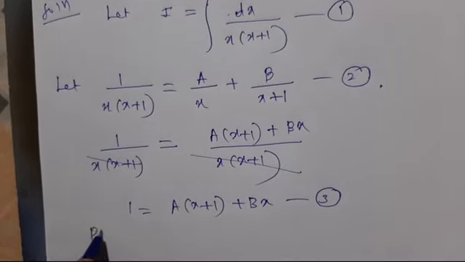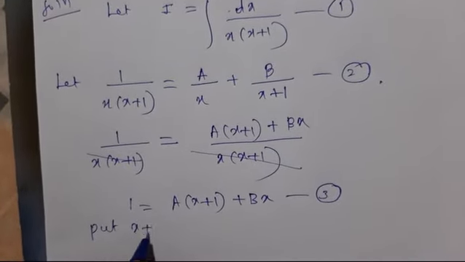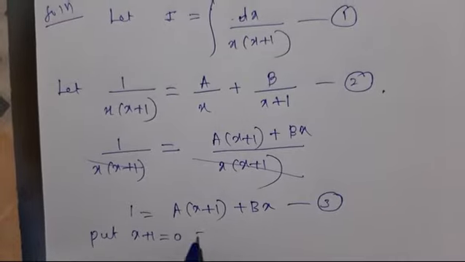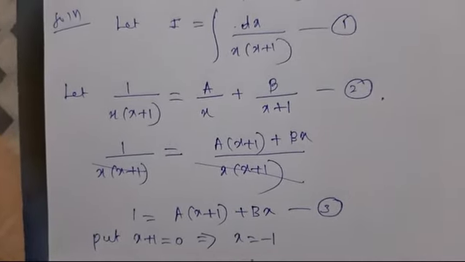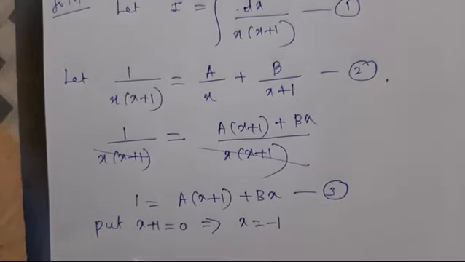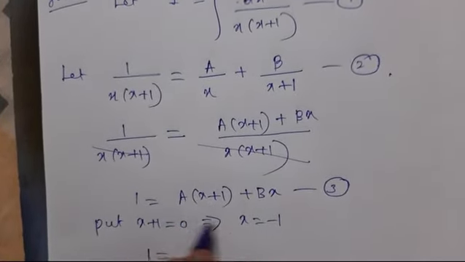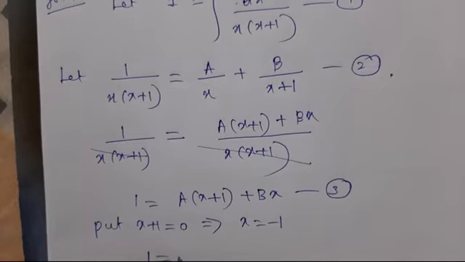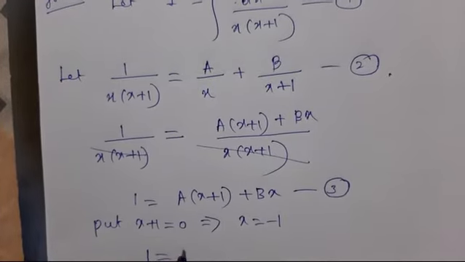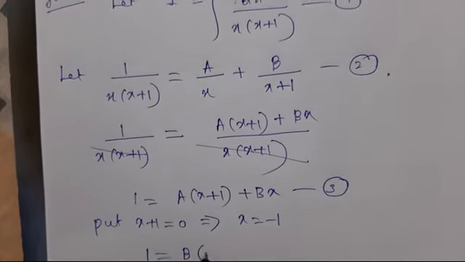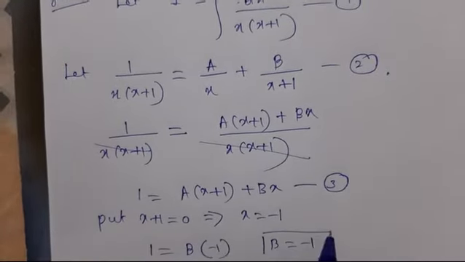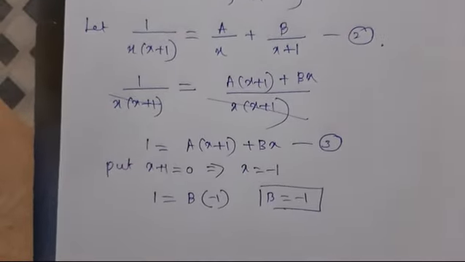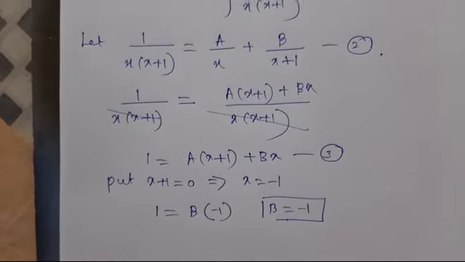So first I will put x plus 1 is equal to 0. That is x equal to minus 1. So after putting this I will get the value of b. So 1 equal to this becomes 0, b into minus 1. So therefore I will get value of b as minus 1. So this is the value of b.